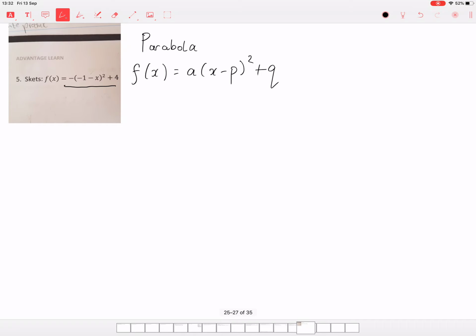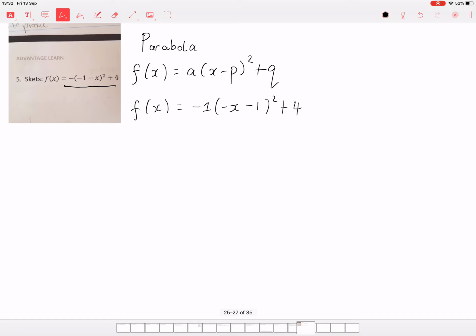So if I look at the form I've been given now, you can say it's a negative 1 there outside. It's negative x, you could say, minus 1 all squared plus 4. Okay, so it's not quite in that form yet, but it is of the form of a parabola.